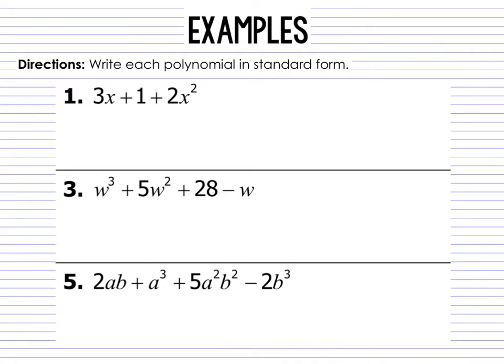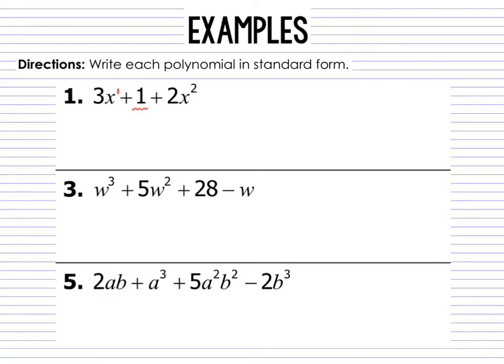All right, so this slide is asking us to write these polynomials in standard form. So remember, for standard form, they have to be in alphabetical order and with the highest exponent first. So if we look at number 1, technically 3x is x to the first power. If we don't see an exponent, that means it has an exponent of 1.